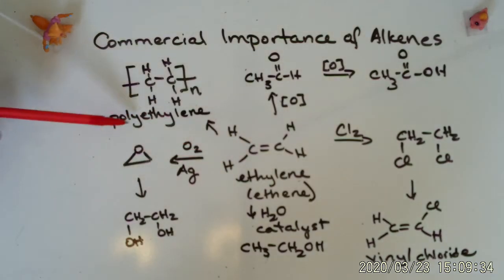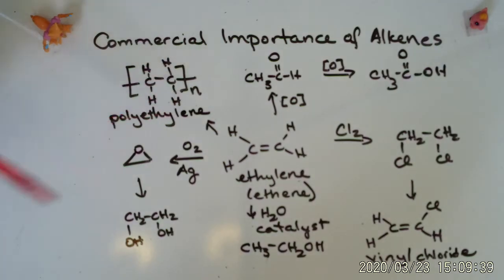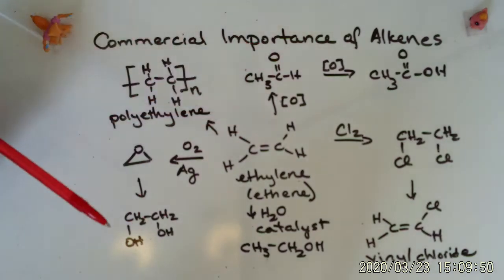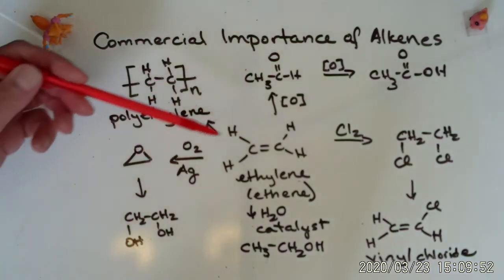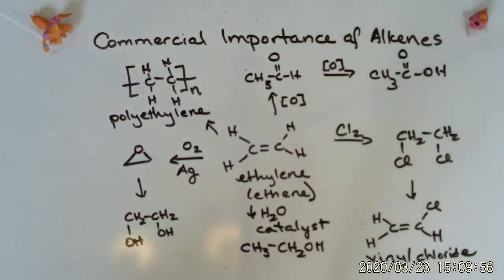That means I have many ethylene units, so it's not just one, but normally this n goes to the thousands. With these long polymer strands, we can form materials. If you oxidize it and continue to oxidize it, you can go to acetaldehyde, and then to acetic acid. This is used quite frequently.